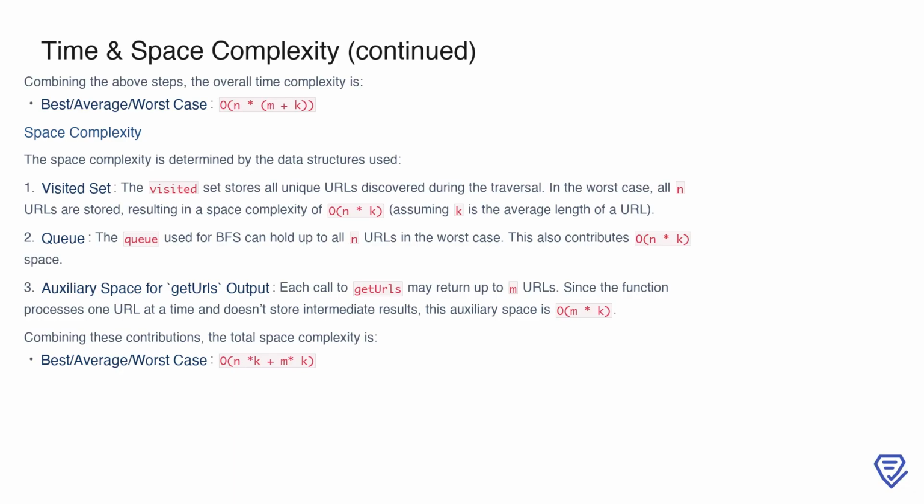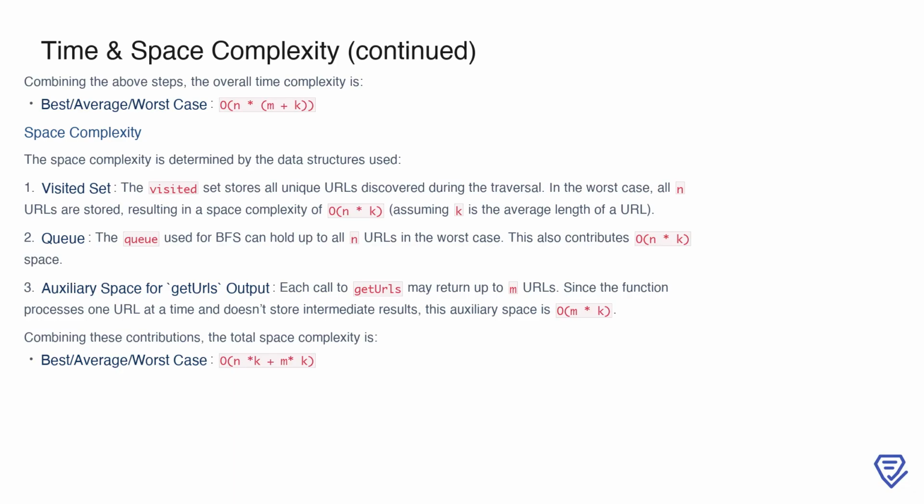Now, let's examine the space complexity, which is determined by the data structures used during the traversal. First, the visited set stores all unique URLs, and in the worst case, it holds all n URLs. Since each URL has an average length of k, this contributes O(n*k) to the space complexity. Additionally, the BFS queue can also hold up to n URLs in the worst case, contributing another O(n*k).